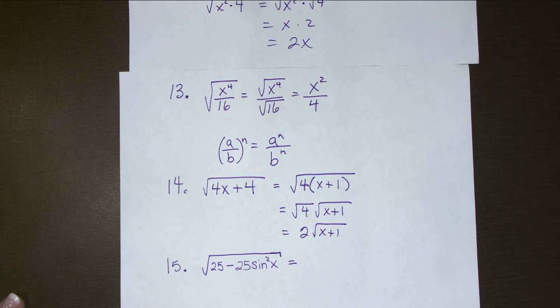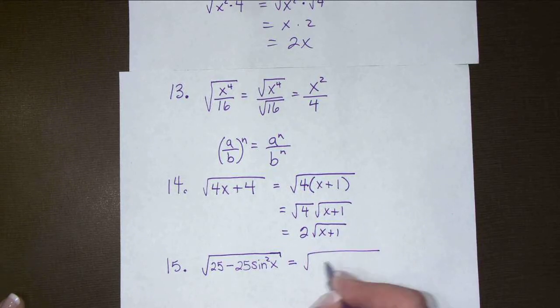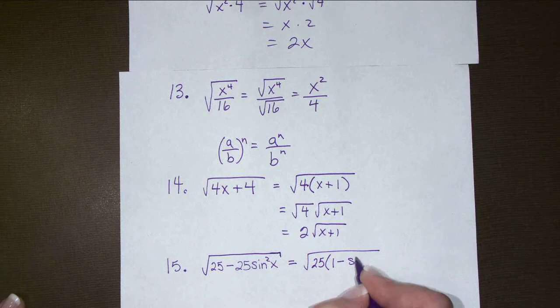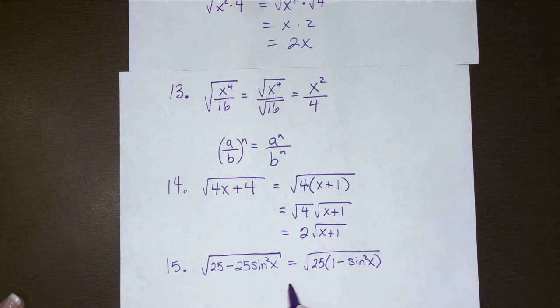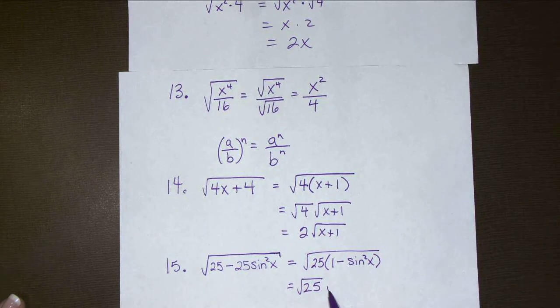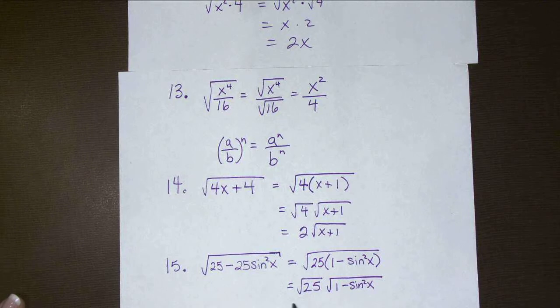If your square roots are too long or too short, then you will lose marks for that. They have to go over the whole thing that you want the square root over. But here we can factor out a 25, so we'd be left with 1 minus sine squared. And now that these are multiplied, we can do the square root of 25 and the square root of 1 minus sine squared. The square root of 25 is 5, and we just leave that.